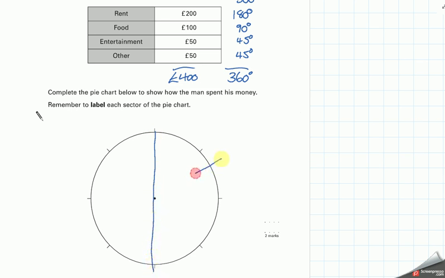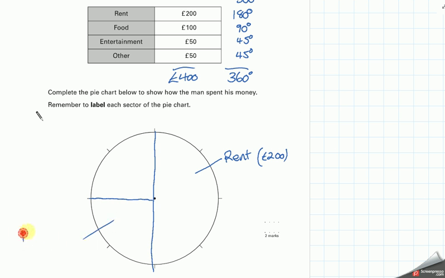And I prefer to label outside, and that's for his rent. And a good practice for real things is to put the value in brackets. Don't put the angle, because the angle is what the pie chart's representing, but maybe put the quantity on the outside in brackets. Food, that's 90 degrees, so I'm going to add my next sector as 90 degrees.